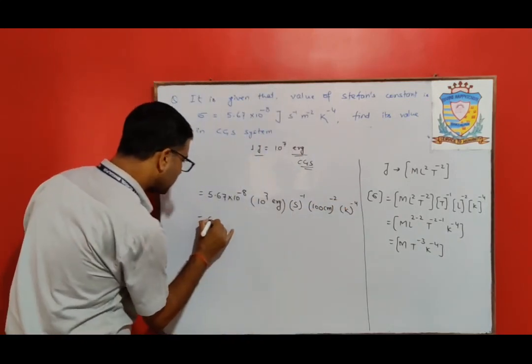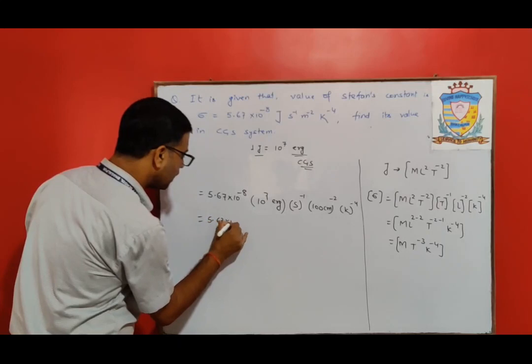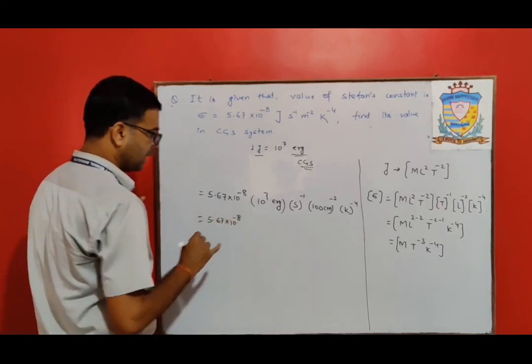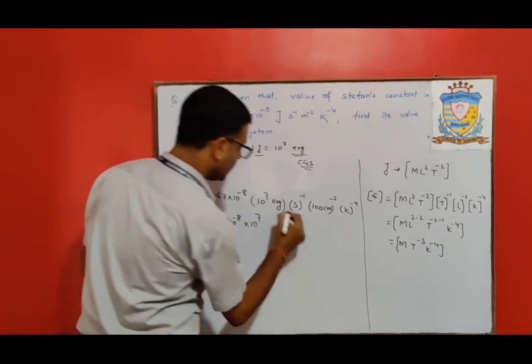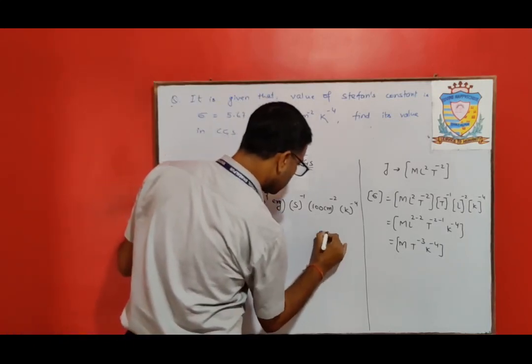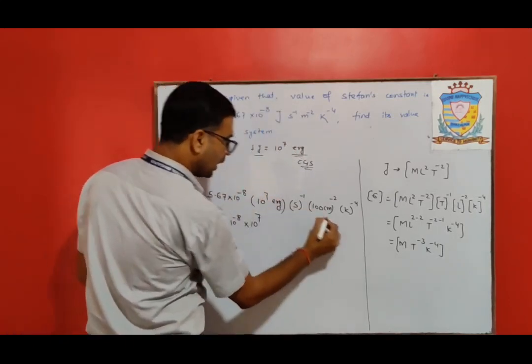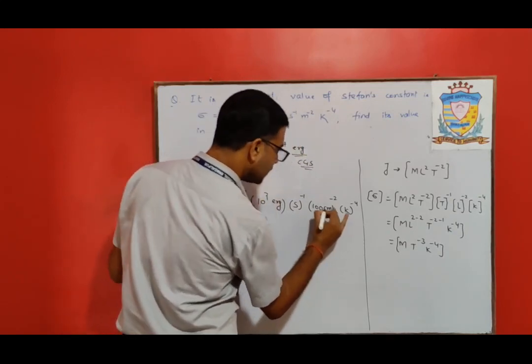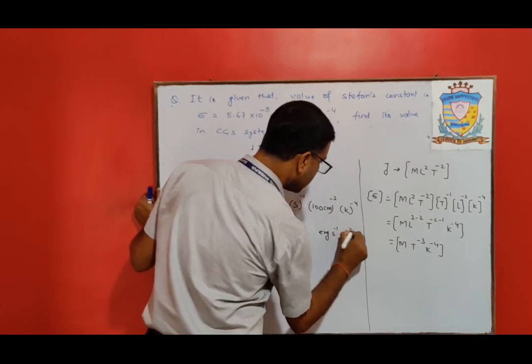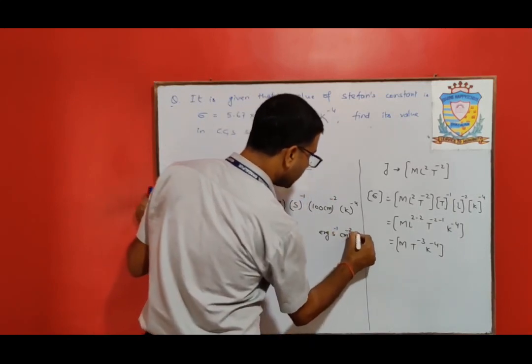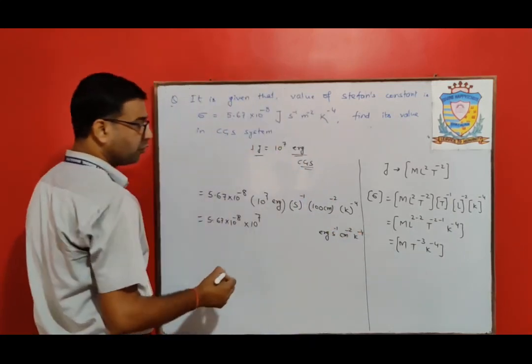This can be written as 5.67 into 10 to the power minus 8 into 10 to the power 7, erg and second inverse, centimeter per centimeter square and per Kelvin whole 4.